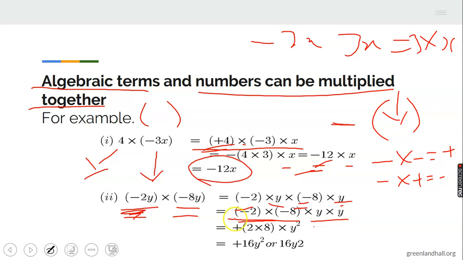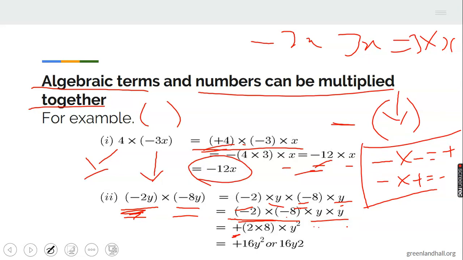Now, minus times minus has turned to plus here. Take note of what I just wrote here. Now, 2 times 8 equals 16. y times y equals y squared.